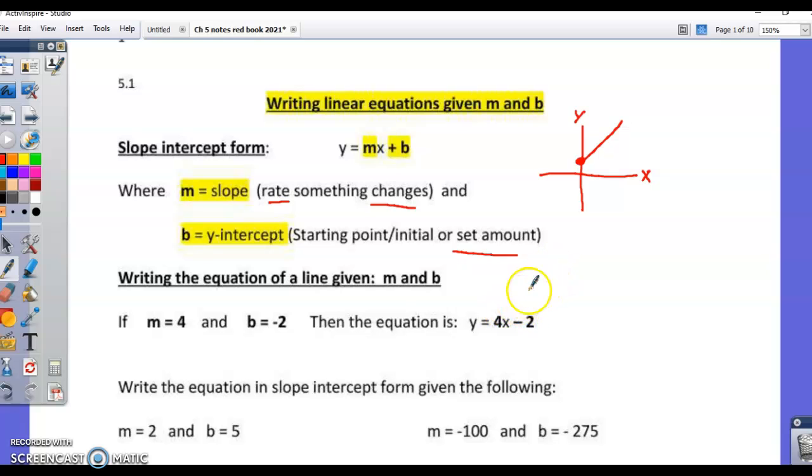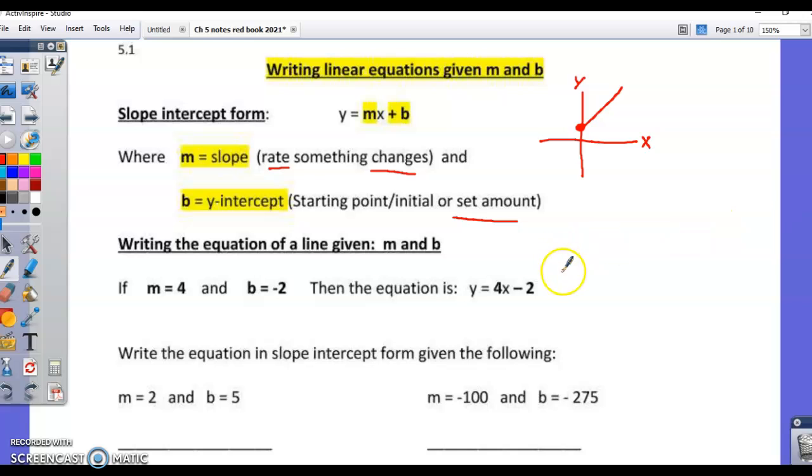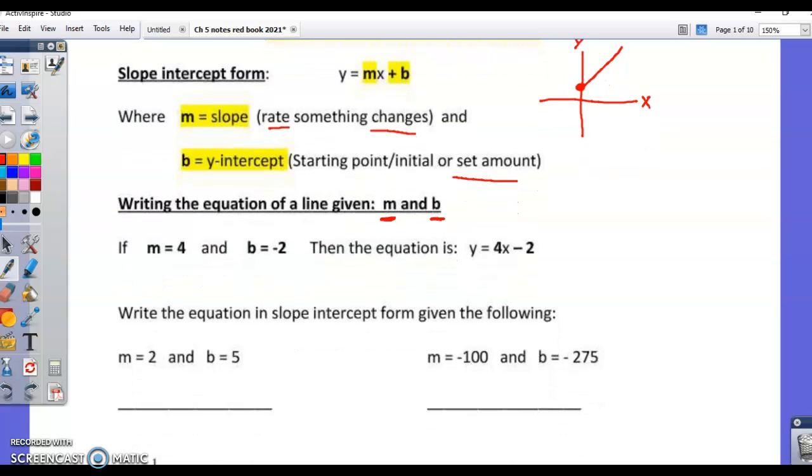So as long as we can identify those two things, then we can write an equation, a linear equation based on that. So we write an equation when somebody gives you the slope and the y-intercept. And I'm going to be using those two, m and slope, y-intercept and b, interchangeably. But again, starting point or set amount, rate, something changes.